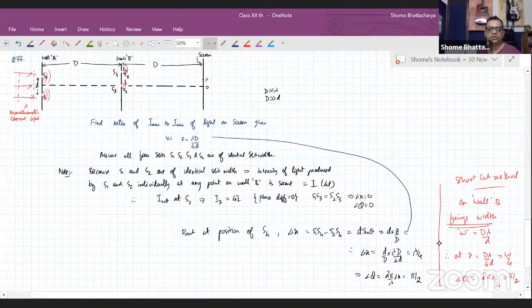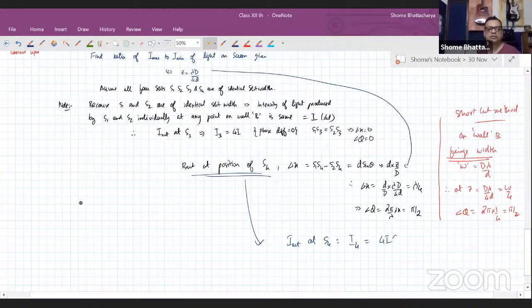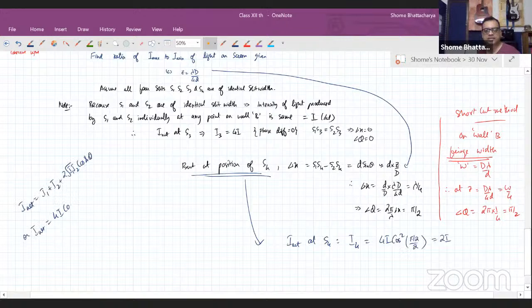Remember that formula, the net intensity in general is I1 plus I2 plus 2 times root I1 I2 cos delta phi, and that becomes 4I cos square delta phi by 2 when I1 is equal to I2. This is a very critical formula in YDSE. We are assuming the individual slits S1 and S2 are of same width, so they are creating intensity I each. That is why at the position of S3, the maxima is there, so it's 4I from this. But at this position, I4 is becoming 2I.